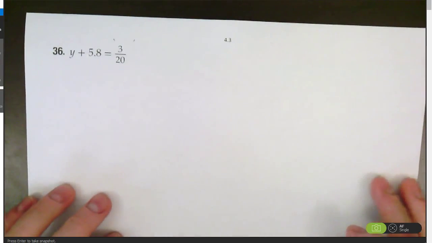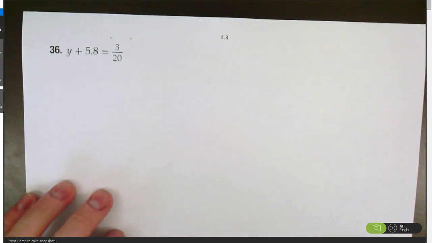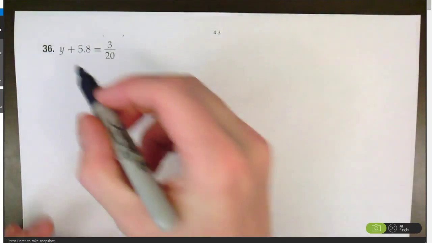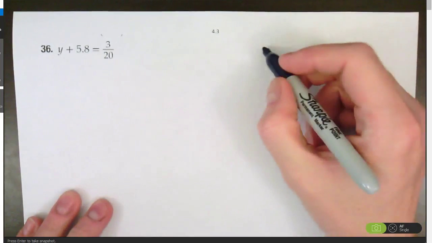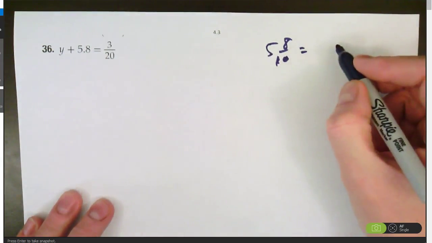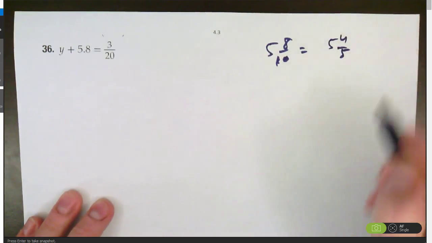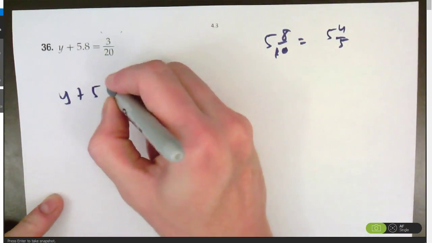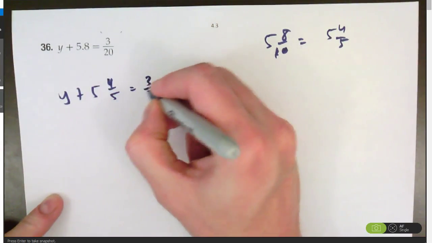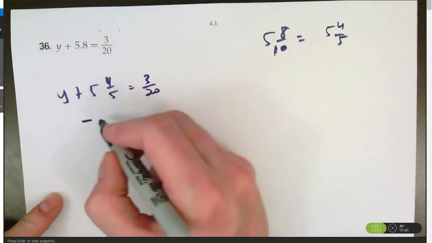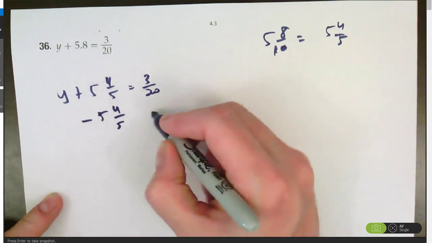36. Okay, 36. y plus 5.8 equals 3 over 20. What I suggest you do here is convert this to a fraction. 5.8 is 5 8/10, which is really 5 4/5. So I've got y plus 5 4/5 equals 3/20. It's a positive, so I'm going to get rid of that by subtracting it.